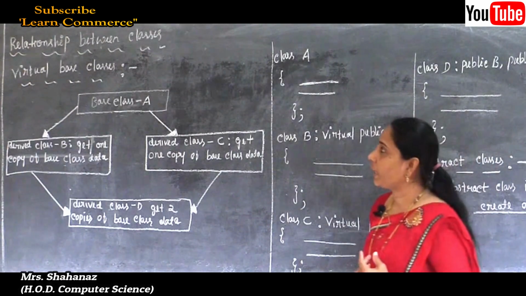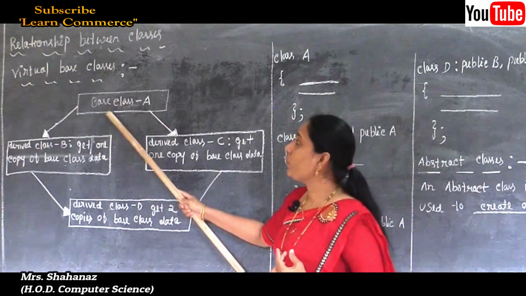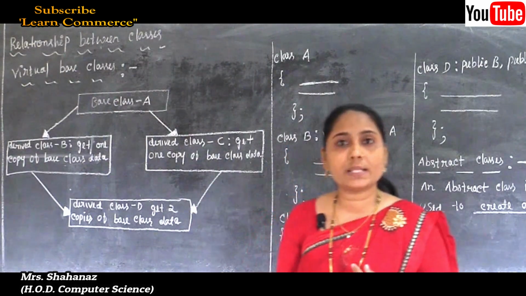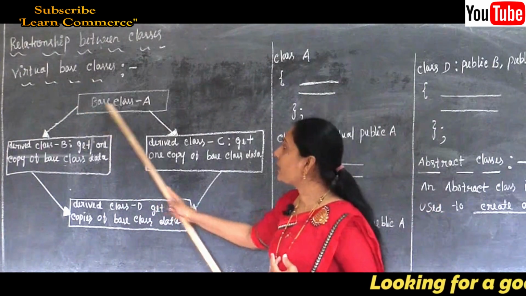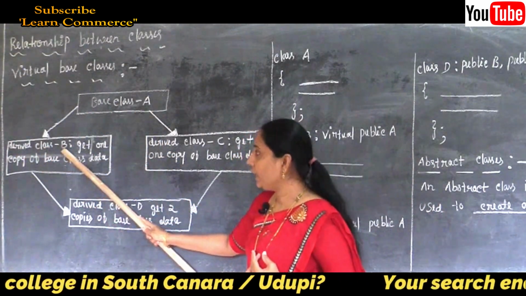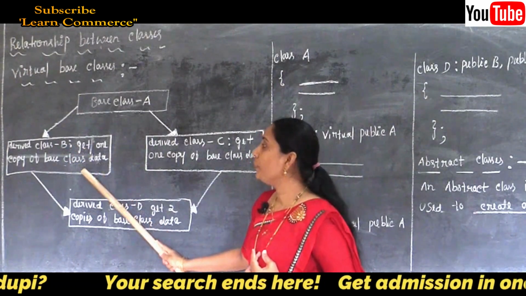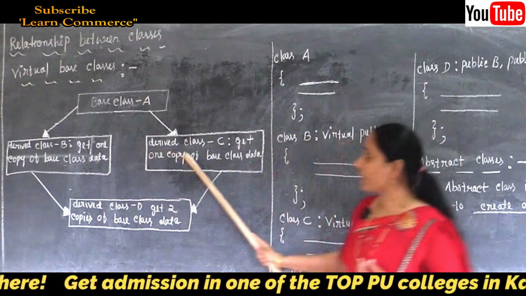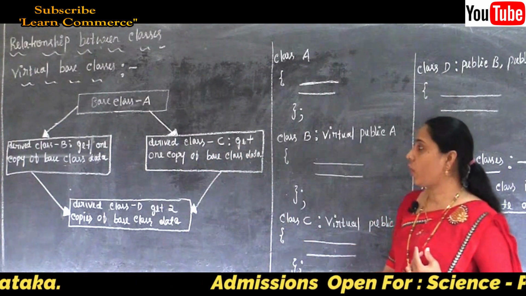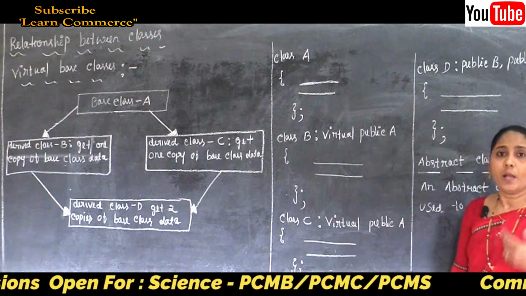Here the first class is class A, so it is the base class. The second one is the derived class B, which gets one copy of the base class data, and the third is derived class C, which also gets one copy of the base class data. There may be some confusion.